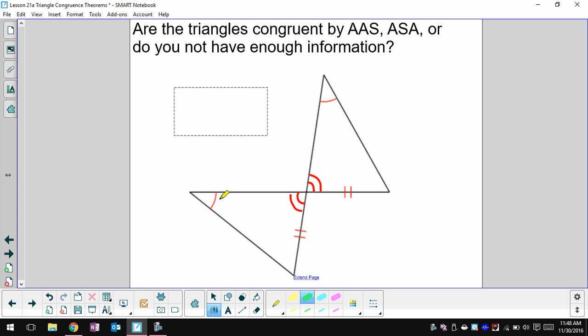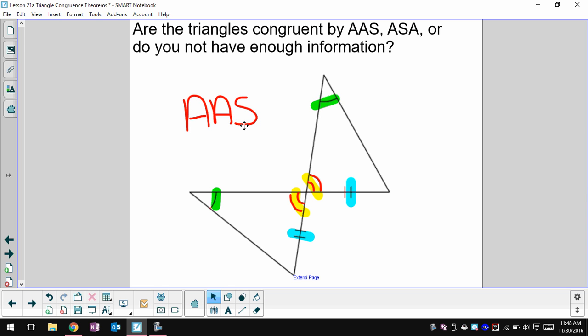So that means I have one pair of angles there that are congruent, a second pair of corresponding angles that are congruent, and I have one pair of sides that are congruent. And notice that this side is not between these two angles. This side is not between these two angles. So that means we can say these are congruent triangles by angle, angle, side.